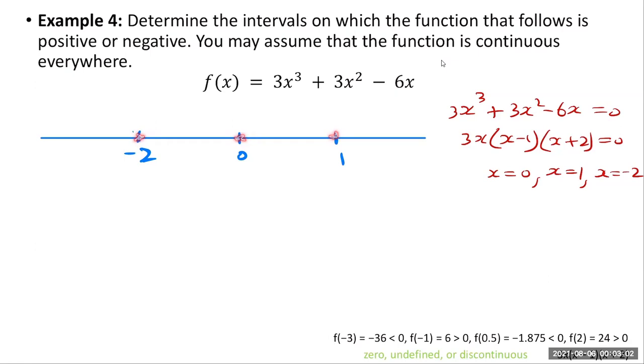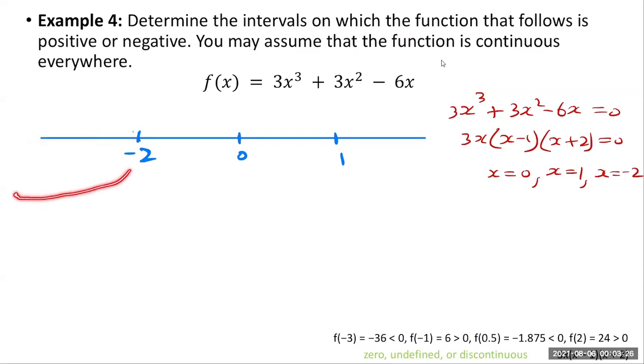If that is the case, let's focus on this interval. If I pick an x value in this interval and I find my y value to be negative, then all the y values for all these x values have to be negative in that interval.